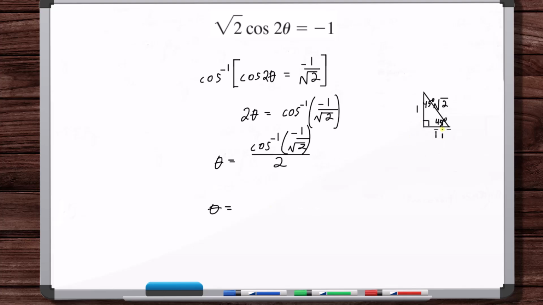So, reference angle 45 degrees in the second quadrant is 135 degrees, and in the third quadrant, reference angle 45 is 225. So it's 135, 225, any angle coterminal with those, divide that by 2, and that would satisfy this equation.